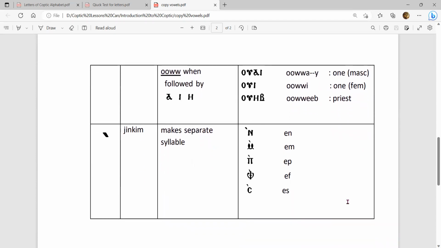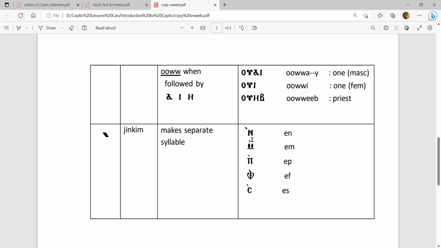Something else that is not in the lettering, but we have what we call a jinkim. The jinkim, when it comes over any letter, we read it as a separate syllable. Examples. We sometimes find on the N a jinkim.